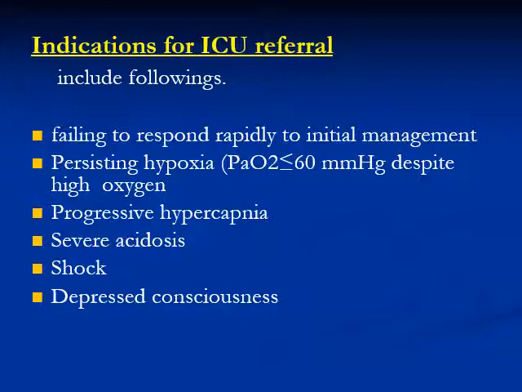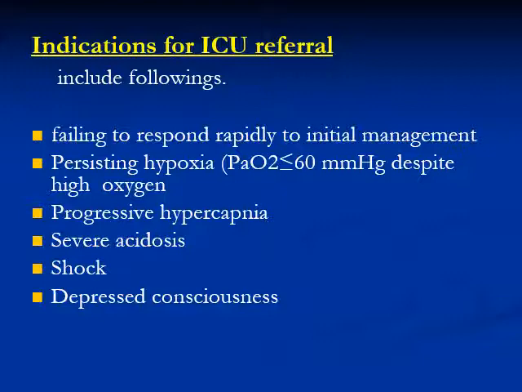First, failing to respond rapidly to initial management: when we give the treatment and within 24 to 48 hours the patient is not responding, continues to have fever and cough, and deteriorates. Second, persistent hypoxia, with PaO2 less than 60 despite high oxygen and antibiotics, or the patient develops progressive hypercapnia.